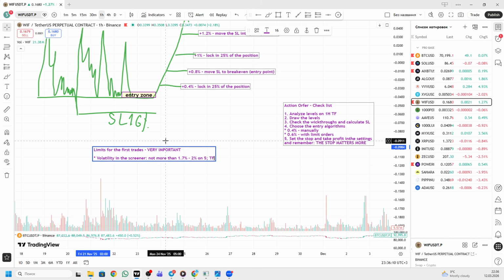Okay. And the second point, liquidity in the screener, at least 50 million.